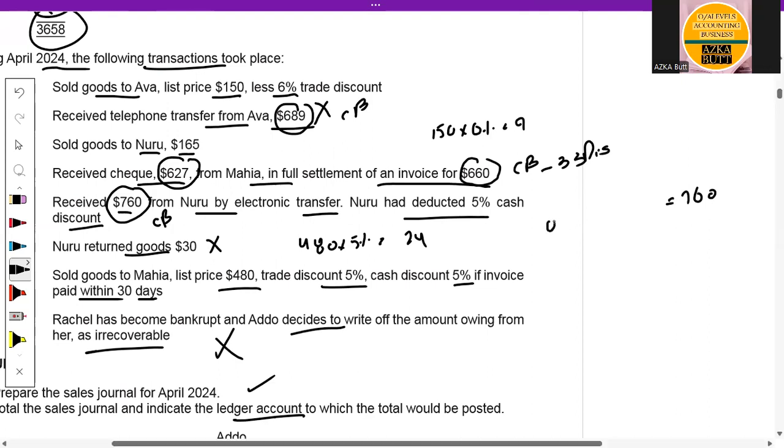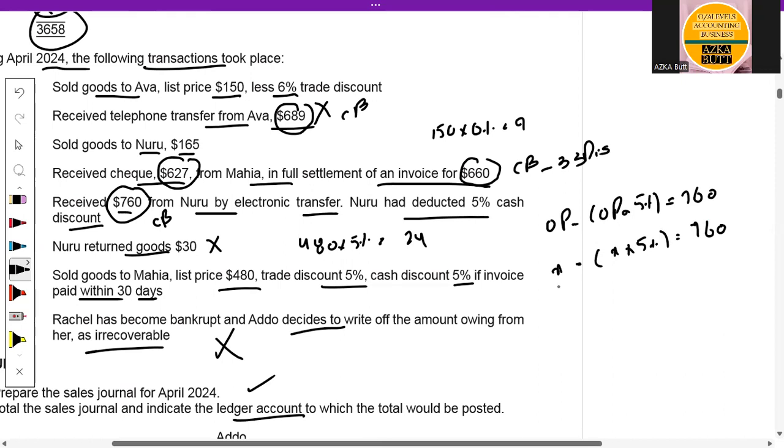So we don't know the actual amount before discount, we don't know the original price. But we know that the discount, which is 5%, is applied on the original price. So original price multiplied by 5%. We don't know the original price, so we are going to write it as x. x minus the original price, x multiplied by 5%, equals 760.